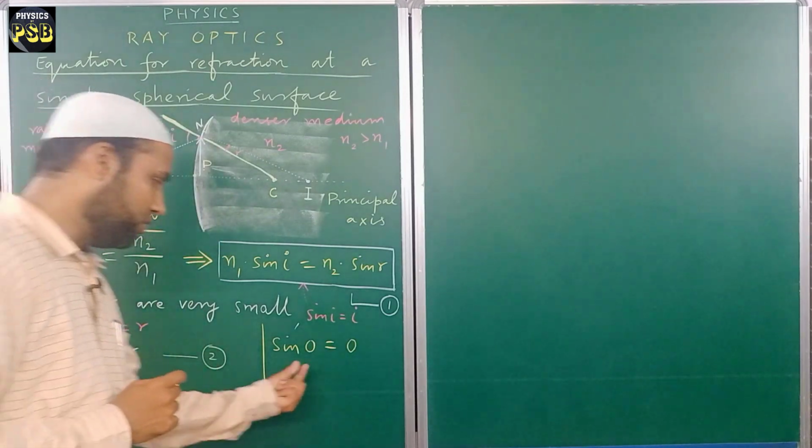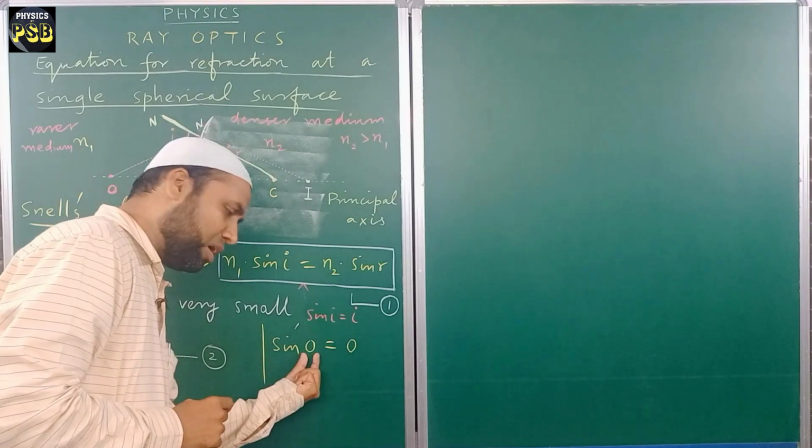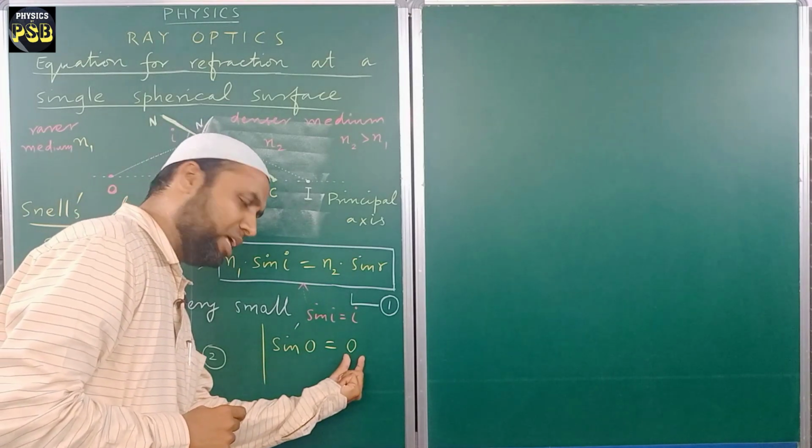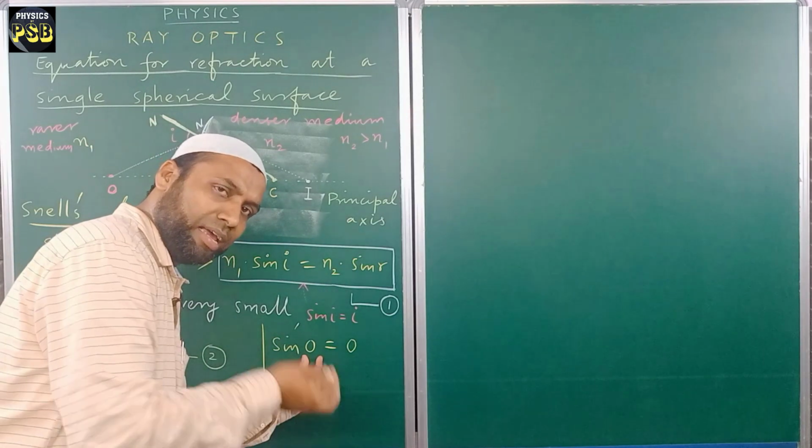This clearly shows that when the angle is very small, the sin of that small angle is taken as that angle itself.